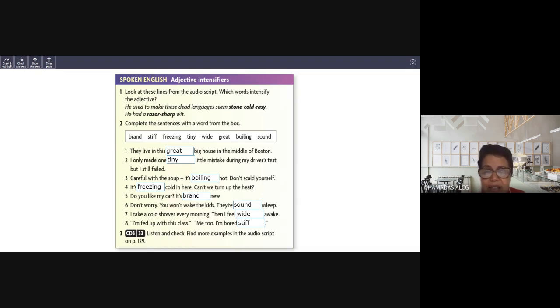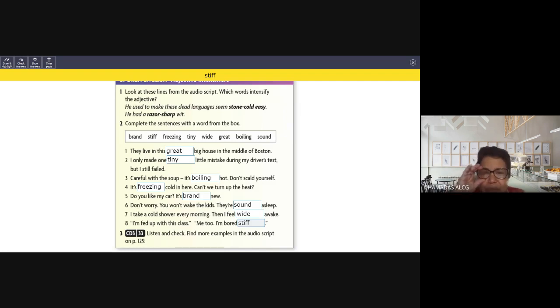All right. Number 7, I take a cold shower every morning. Then I feel wide awake. Wide awake is exactly the opposite of sound asleep. Wide awake is completely awake.